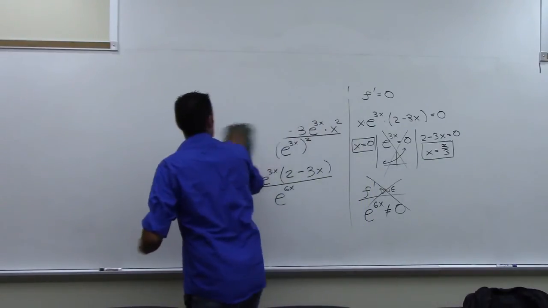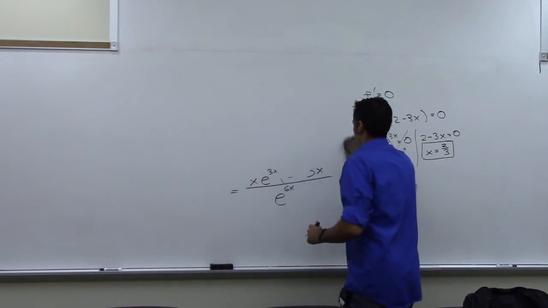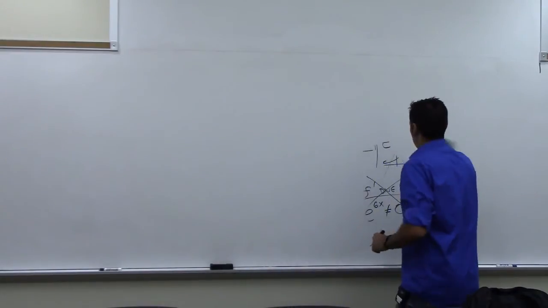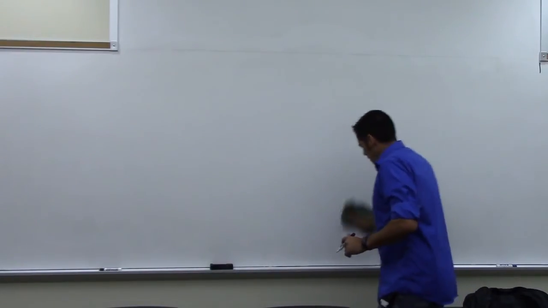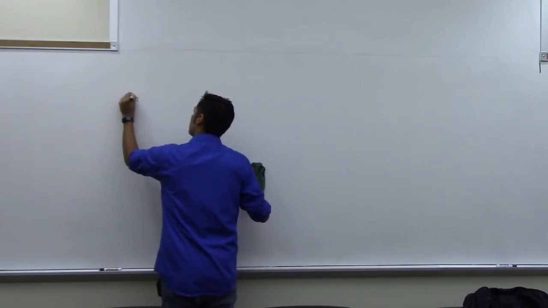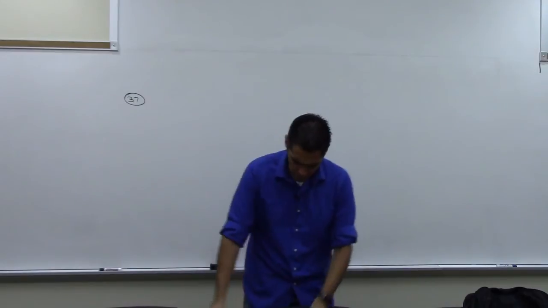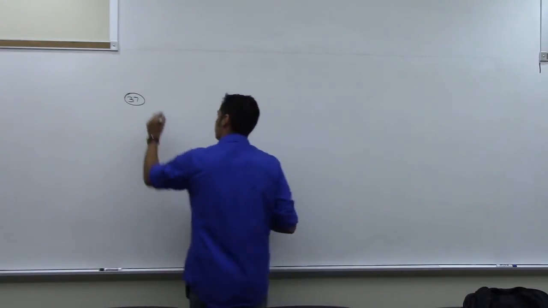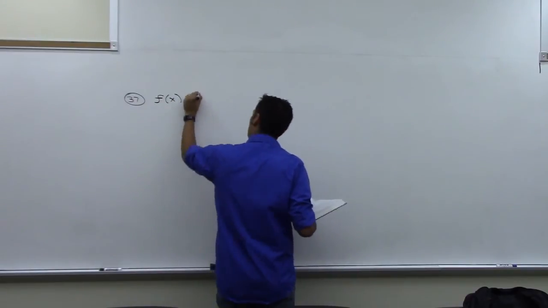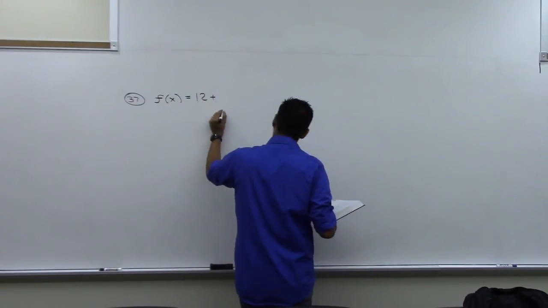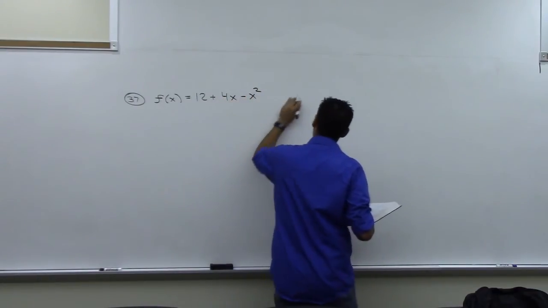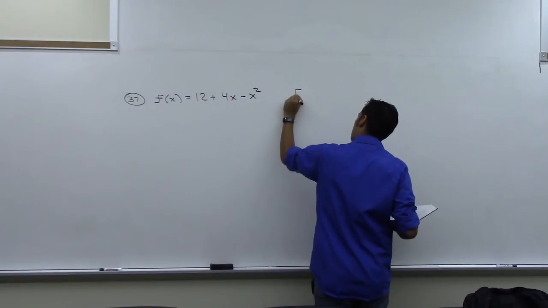All right, so now we're going to step into the next section of this homework, number 37. The instructions here are different than what we just did. So we're going to start to put a lot of the ideas together here. So 37, we have a function f of x equals 12 plus 4x minus x squared, and they give us a closed interval, 0, 5.